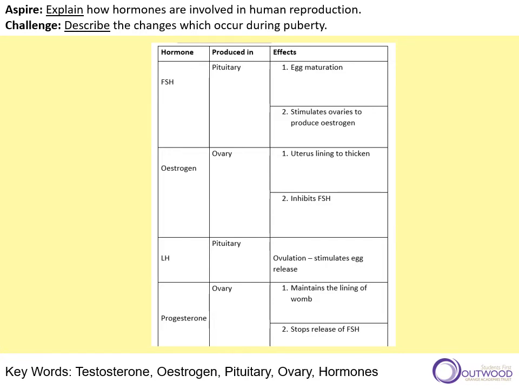It may ask you to describe that cycle, or as I said before, it could be as simple as an AO1 recall tick box where you've got FSH, LH, and progesterone. It might ask you where it's produced and/or the effect of. So you've just got over 2 minutes to get that down. If you do not have a chance to get that down, then do make sure you pause the video.